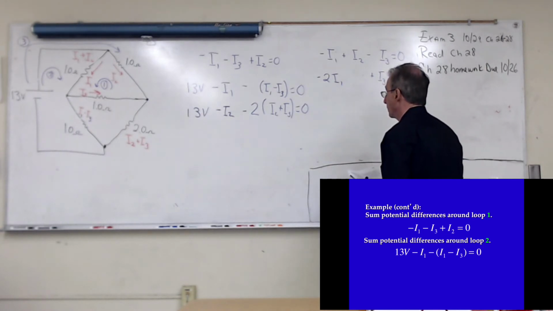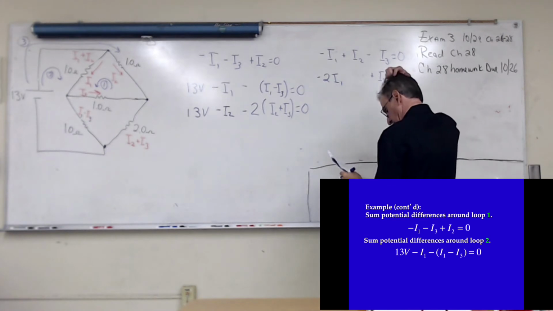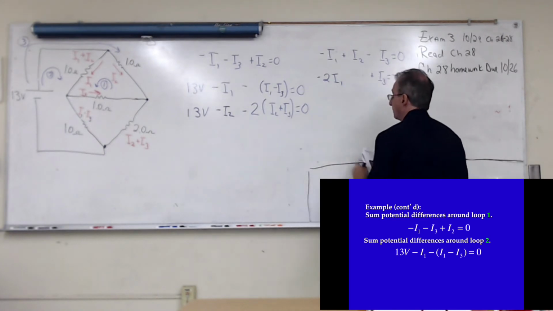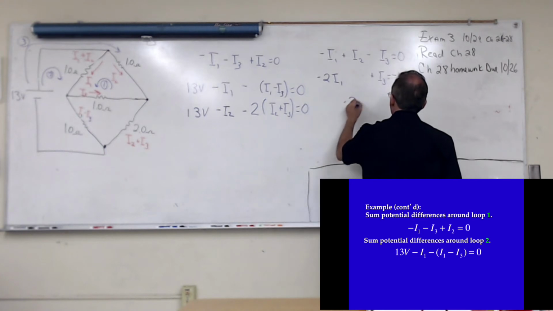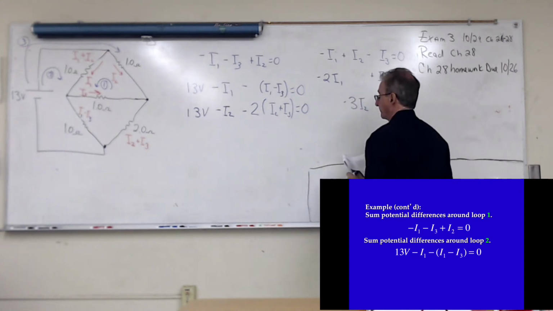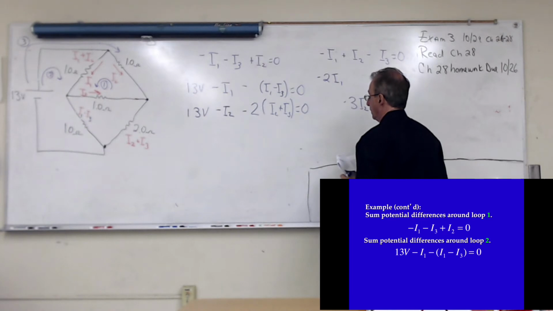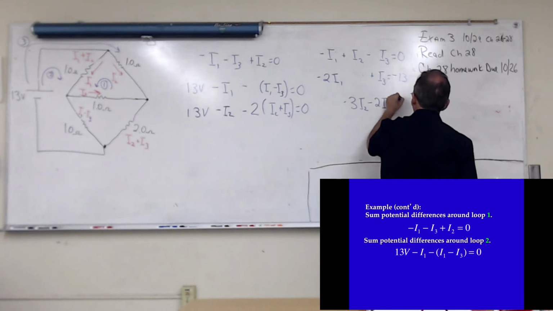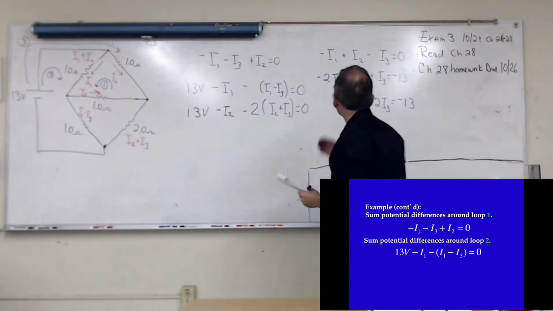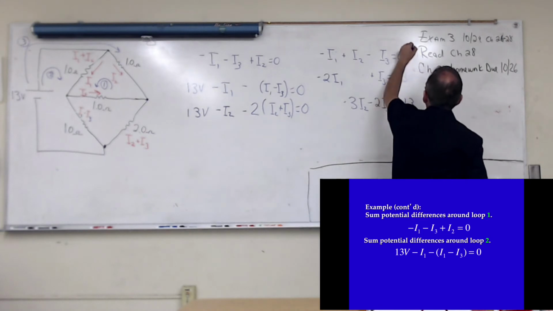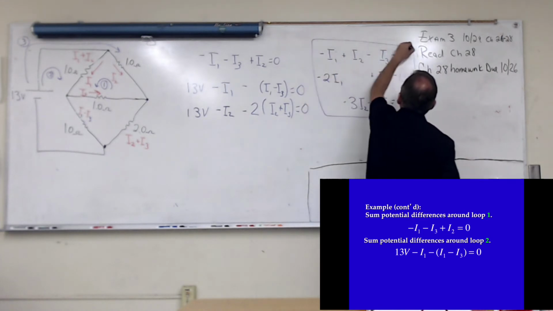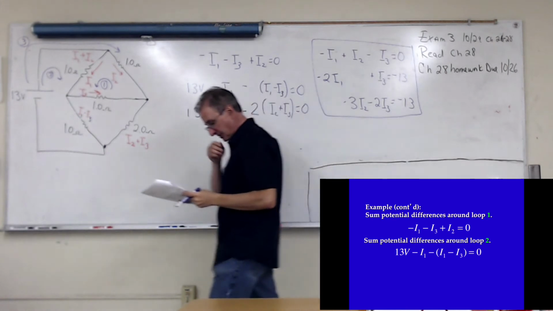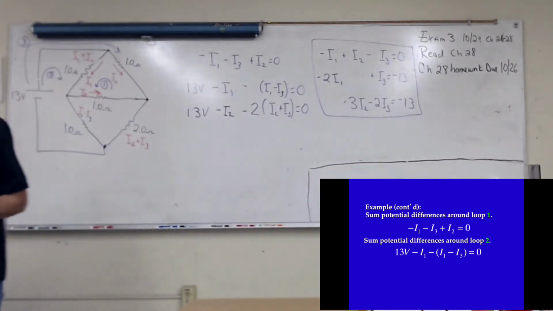And then the bottom one is minus 3I2. And minus 2I3. Right, here's my 3 equations. So I have 3 equations and 3 unknowns to solve for. Right? Yeah. Okay.